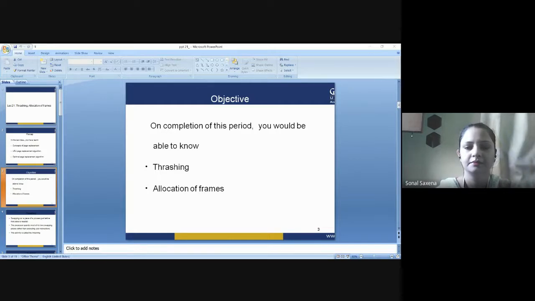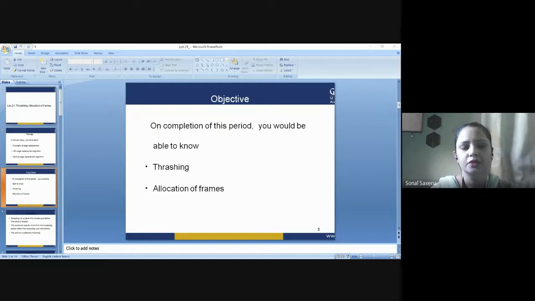So let us begin with allocation of frames in operating systems. An important aspect of operating systems is virtual memory. It is implemented using demand paging, which we saw earlier when we were doing non-contiguous allocation of memory.